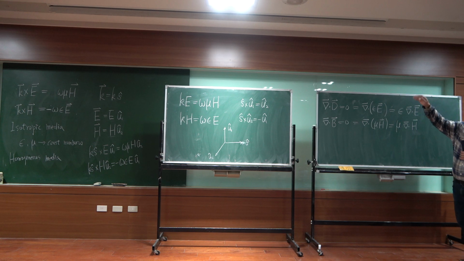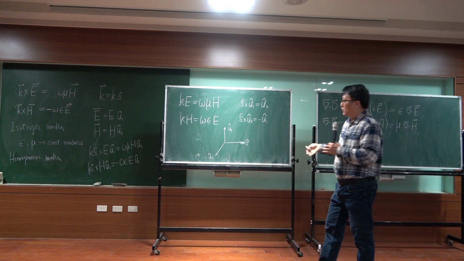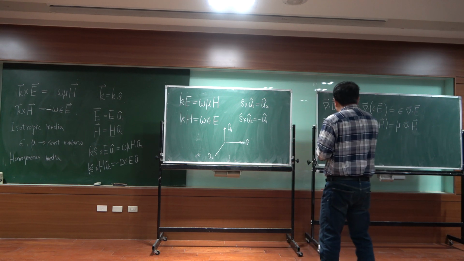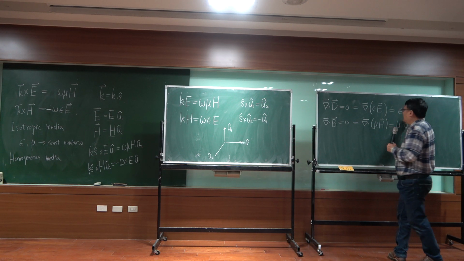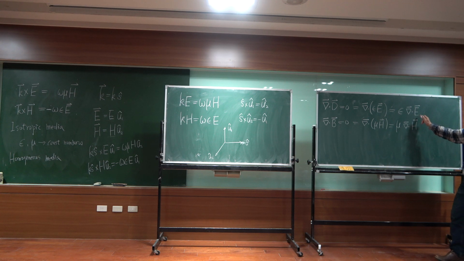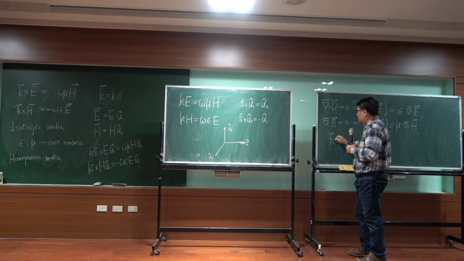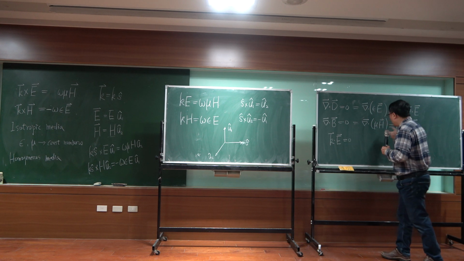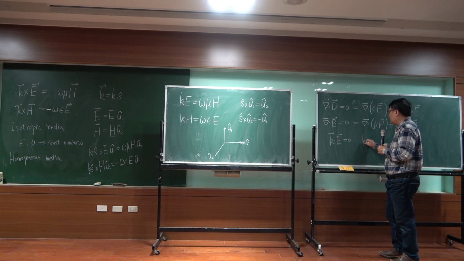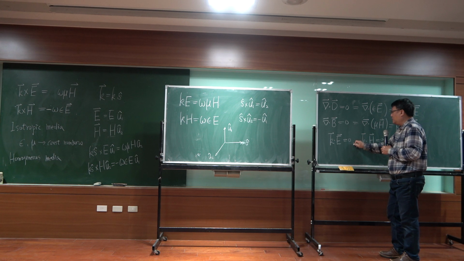So according to our rule of thumb, we can replace del by minus ik. From this equation, we obtain the relation k dot E is 0. And from this equation, we find that k dot H is 0.